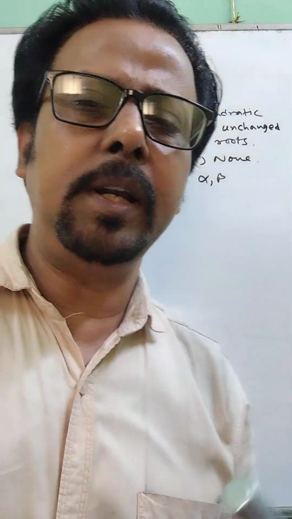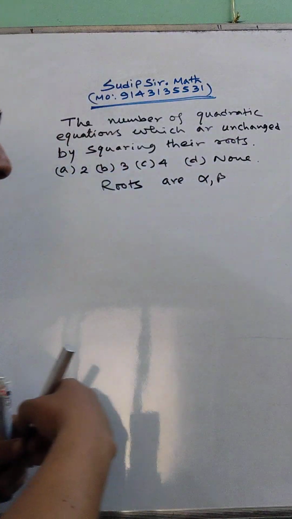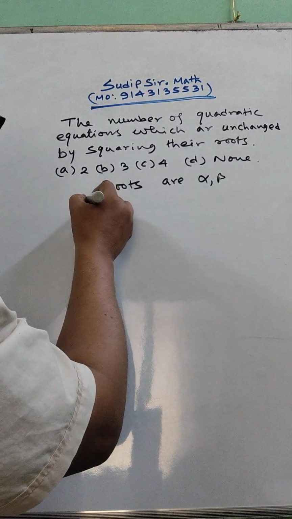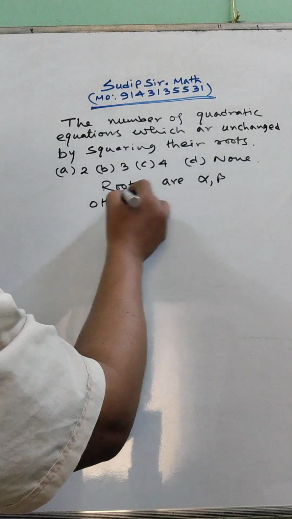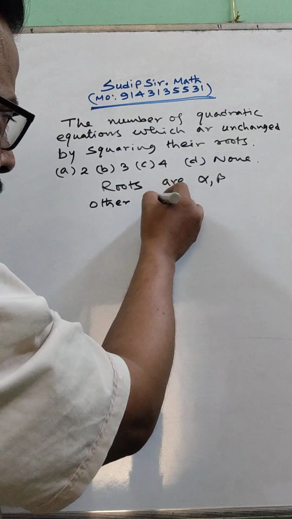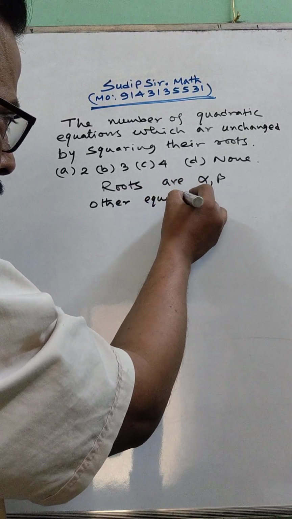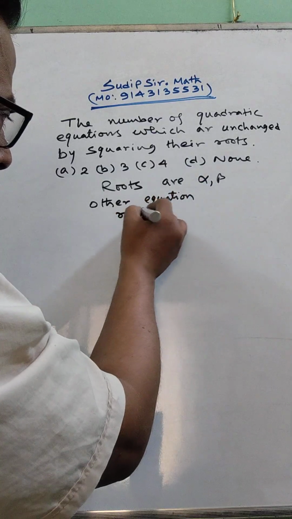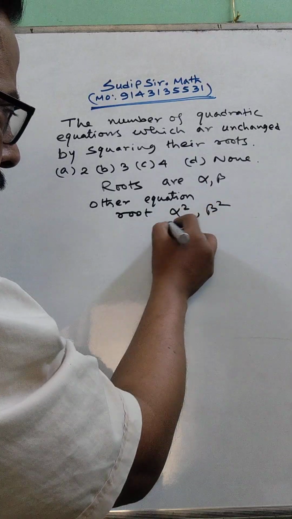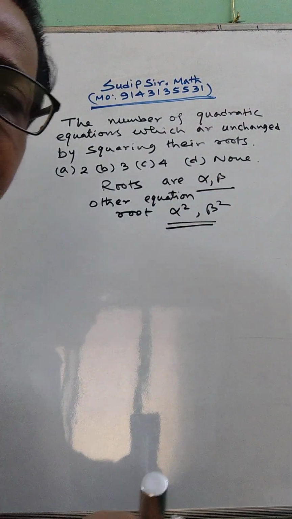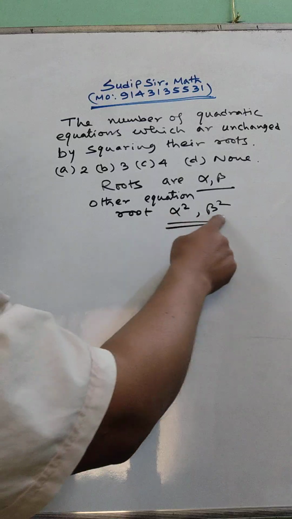For any given equation, roots are alpha comma beta, and after squaring, the new roots for the other equation will be alpha square and beta square. So, if the preliminary roots are alpha comma beta, then the others will be alpha square and beta square.